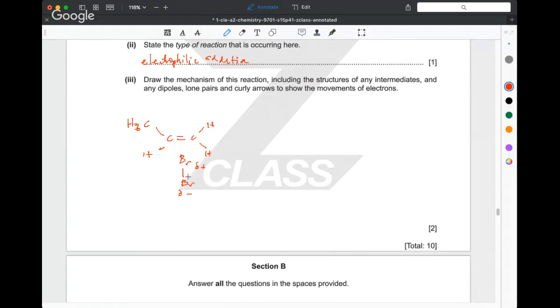And so you've got this temporary dipole, or induced dipole, created, and that means a bond pair of electrons from the double bond goes to the bromine molecule there. You've got to show that bond pair of electrons moving there, and you've got to show that bond pair of electrons moving there. And so you end up with this.